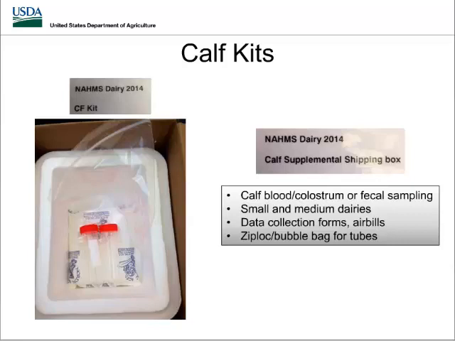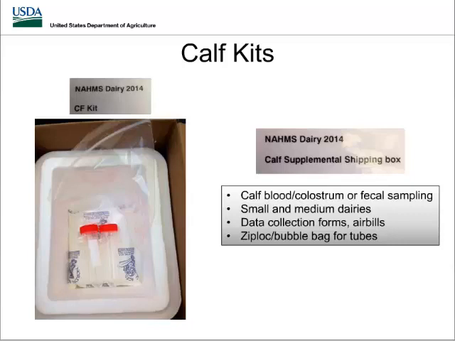Then you'll need to use the sampling supplies from the original kits, either the colostrum and blood kit or the fecal kit, and also the labels from the calf colostrum and blood kit. The only thing in the shipping box is the data collection records and the air bills, and then an instruction sheet for how to ship them.